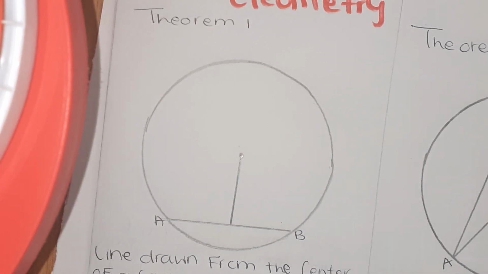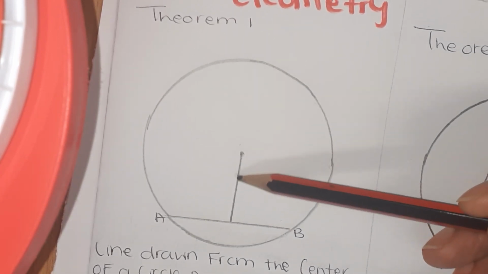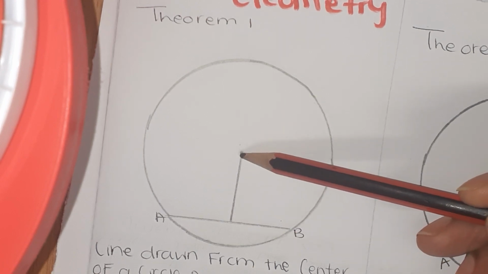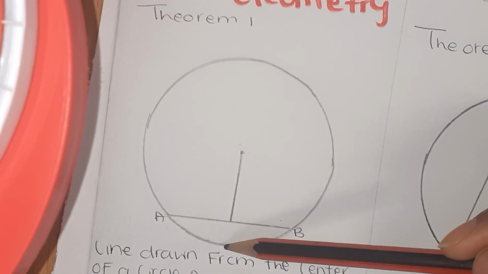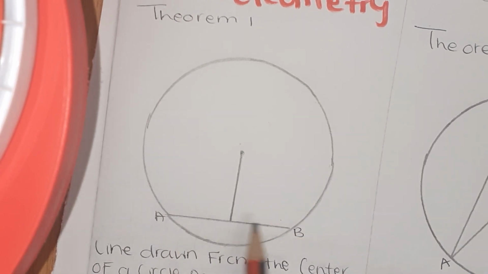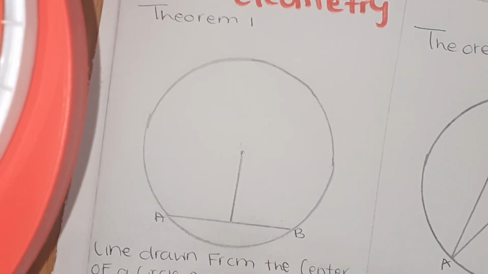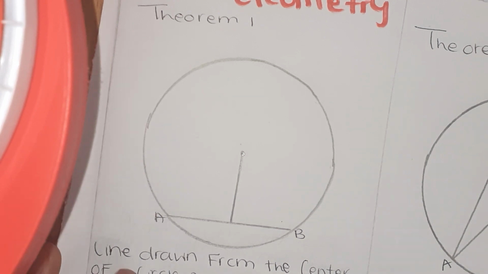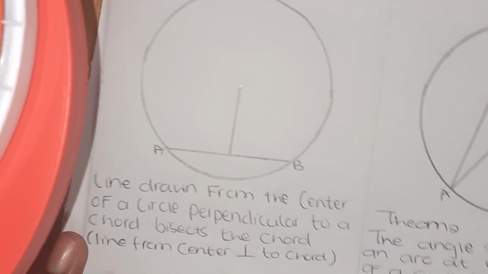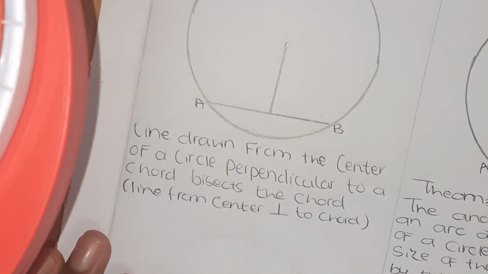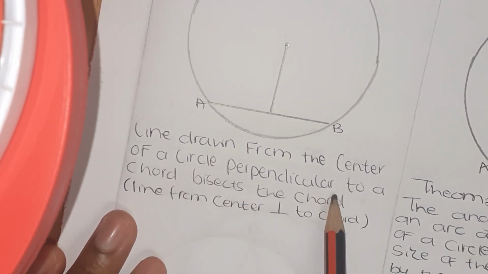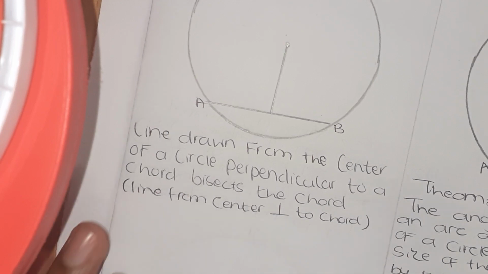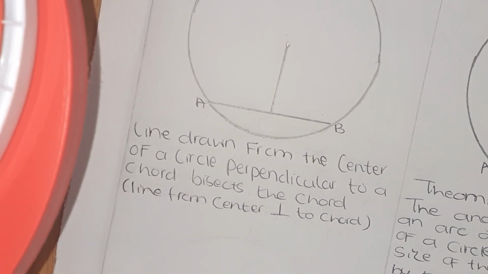All right, here we are. Now let's go to theorem number 1. This is a radius, but it does not get to the circumference, and this is a chord. This one is a complete chord. Theorem number 1: Euclid found out that a line drawn from the center of a circle perpendicular to a chord bisects the chord.